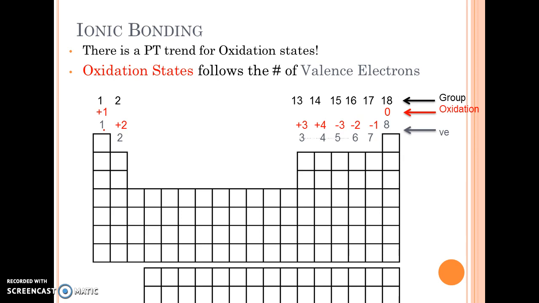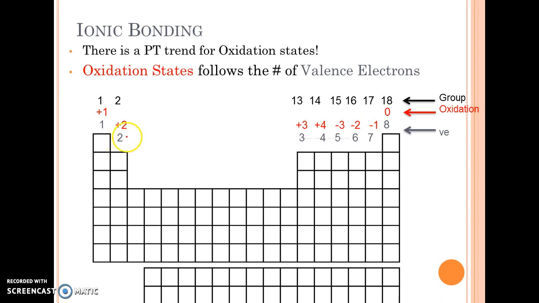It's too much work. So this group here is going to give away its 1 extra electron to drop down in energy. When it does, it becomes a positive cation. Since we lost 1 electron, your charge will be a +1.